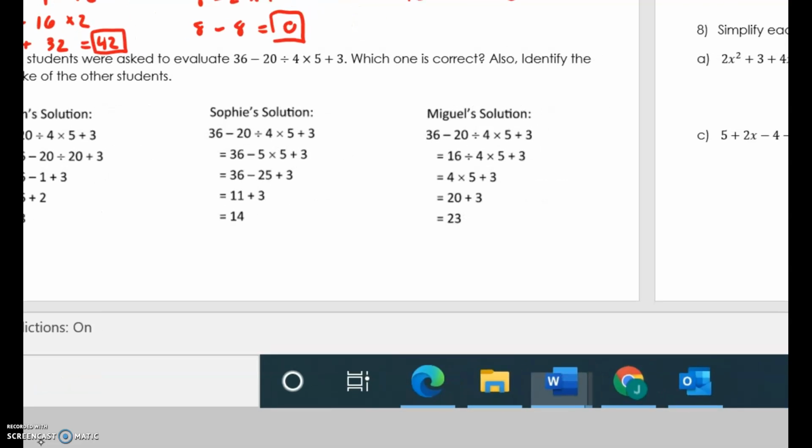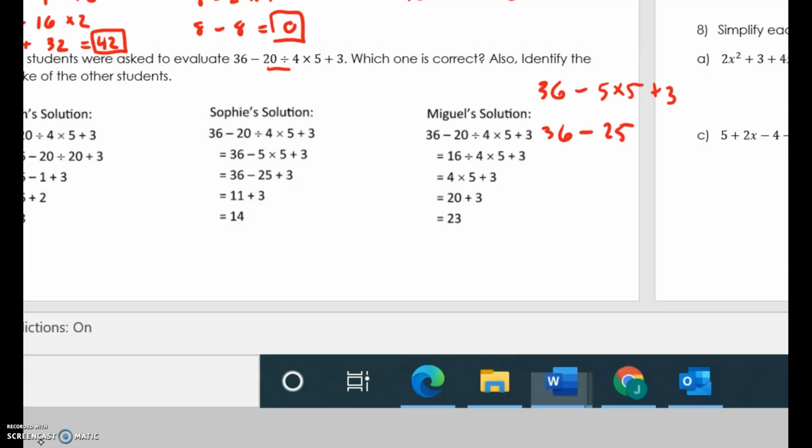So my first step would be 20 divided by 4, and that's going to give me 5. So 36 minus 5 times 5 plus 3. My next step would be to multiply, 25.